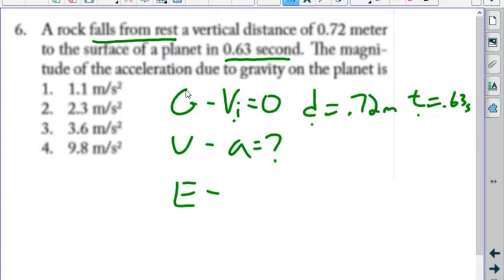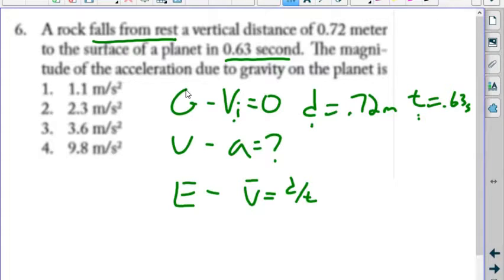If we look and we see that we have distance and time, we can see from our formula sheet that velocity is equal to distance divided by time. One thing to be careful about, though, is that this is the average velocity when we do that, and so it will not be our final velocity, but our average velocity.